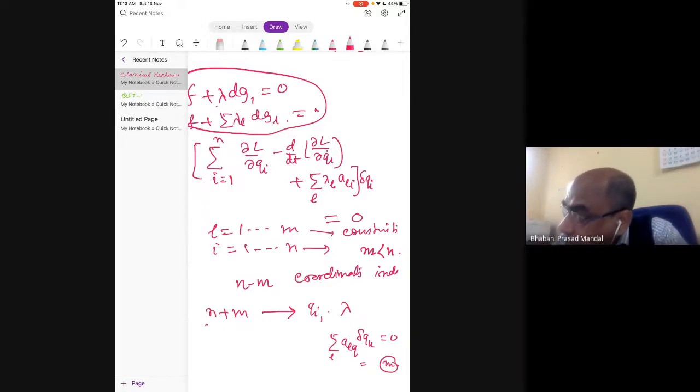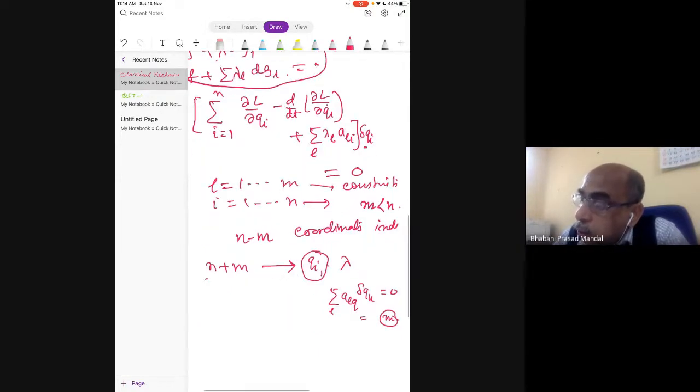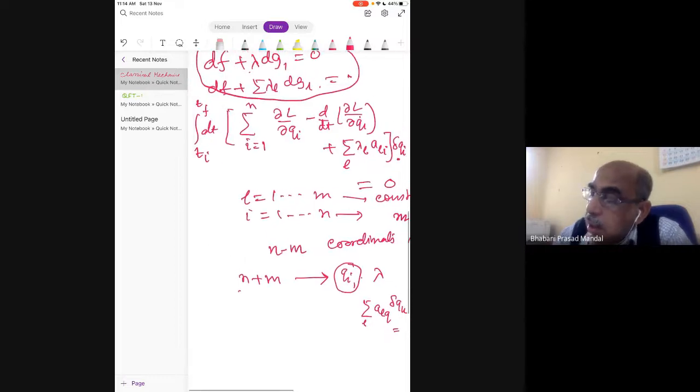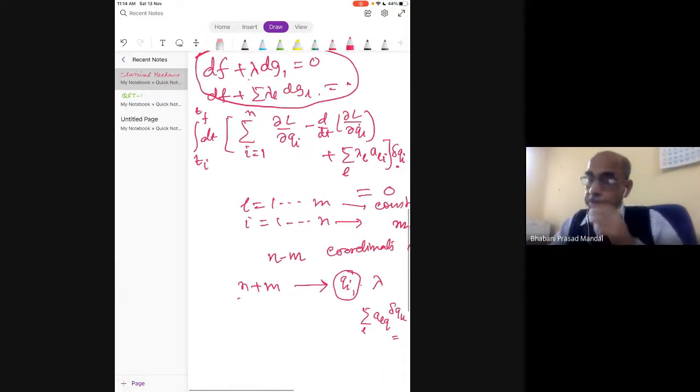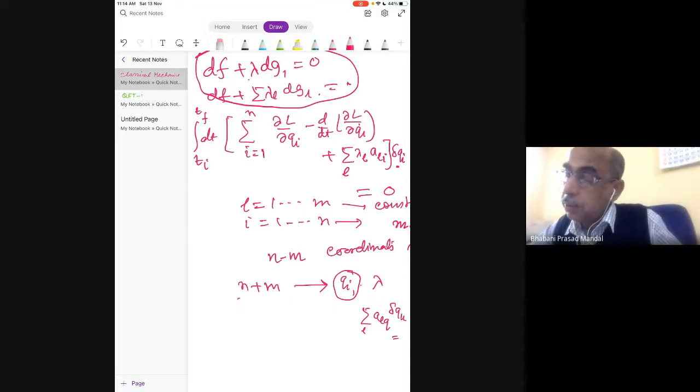So now you can think of these qi as independent, because the constraints are carried by the lambda. Okay, so you can put this inside the integration, this quantity equal to 0. So let me use a different pen. You can get the equation of motion, and the sum is outside.